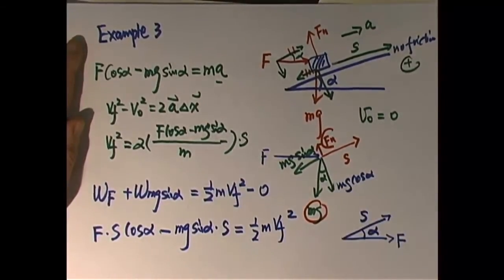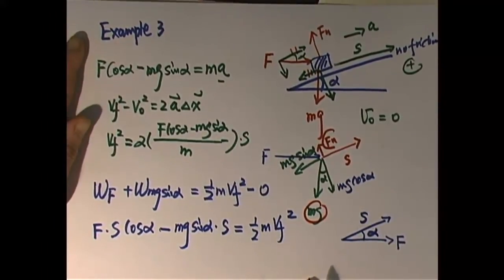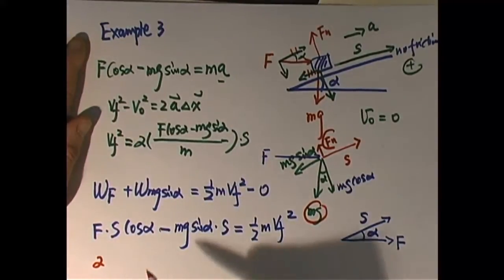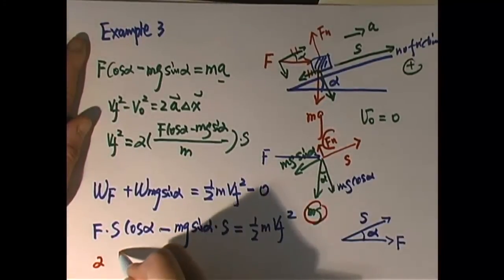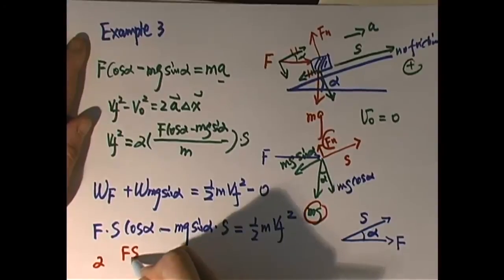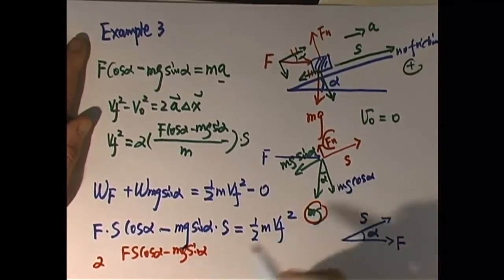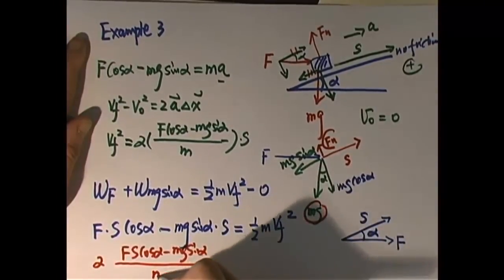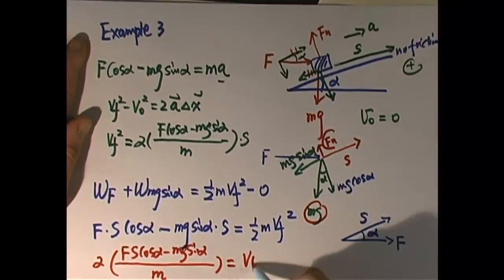Now take a look. If we let this 2 go to the other side and divide by m, the 2 stays here, and m stays here, and we have F s cosine alpha minus mg s sine alpha equals v final square.